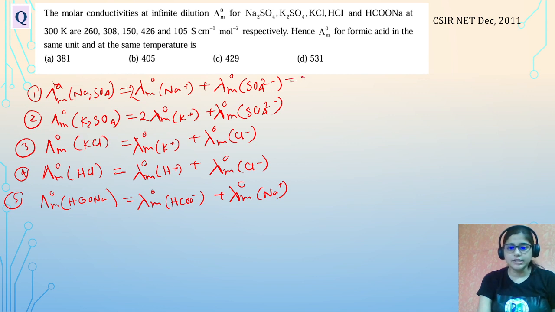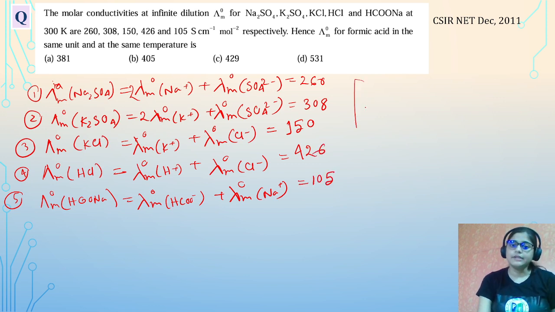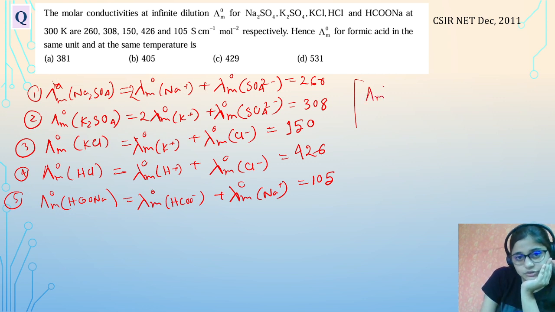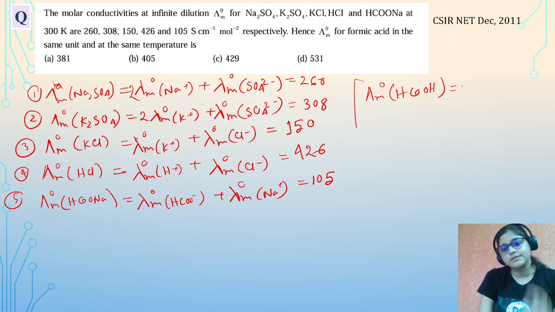The values of each are 260, 308, 150, 426, 105. And in the question, what we have to find out is the delta M0 for formic acid HCOOH, which is equal to lambda M0 of HCOO minus plus lambda M0 of H plus.